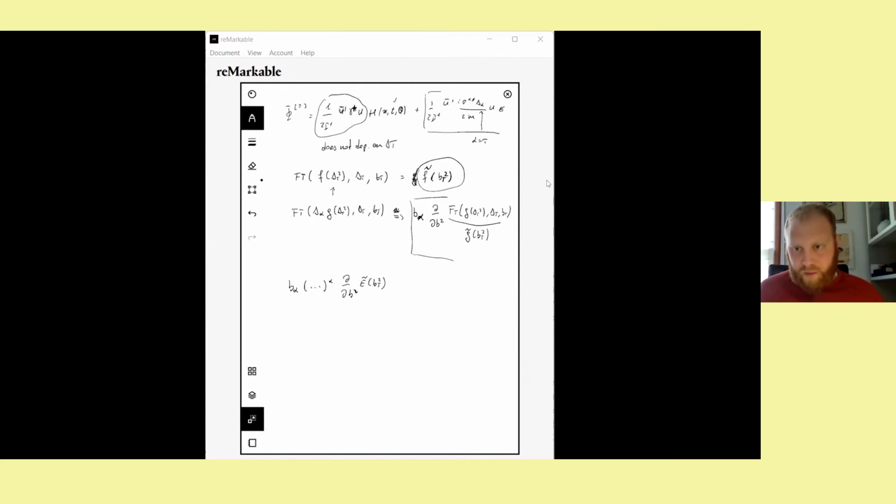So they are different. You can see this is not the Fourier transform of E; it is the derivative with respect to b squared of the Fourier transform of E. That is to say, the impact parameter distributions are not directly the Fourier transforms of GPDs, but they are related up to derivatives.